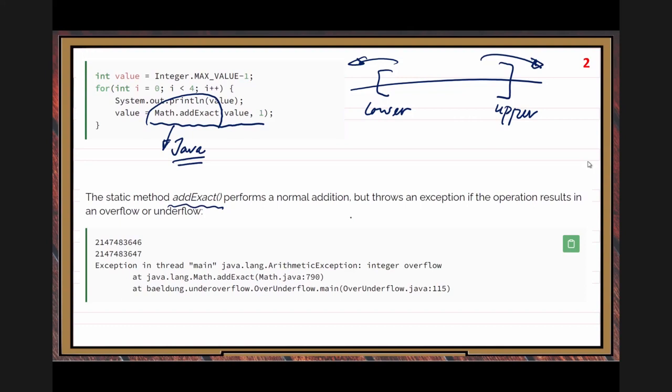Put in your dictionary, addExact. But it throws an exception if the operation results in an overflow or underflow. The exception here is the arithmetic exception, whatever it is, so it's not important.